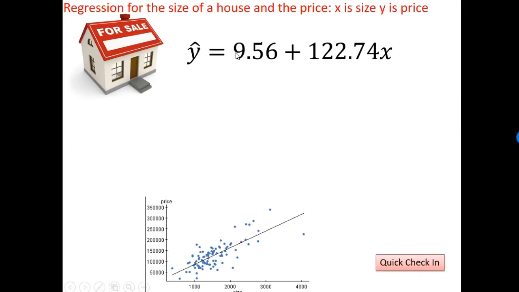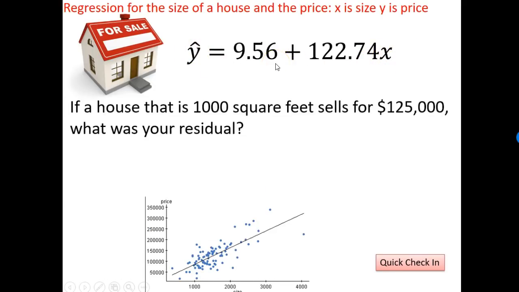So here's a different example. We've got houses for sale. We can predict the price of a house by looking at its size. That's X, using this equation. So let's look at a real situation and find a residual. In the real situation, we had a 1,000 square foot house and it sold for $125,000. What is the residual? Okay, so a 1,000 square foot house here selling for 125.